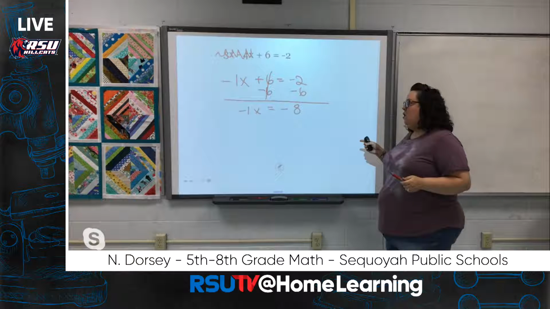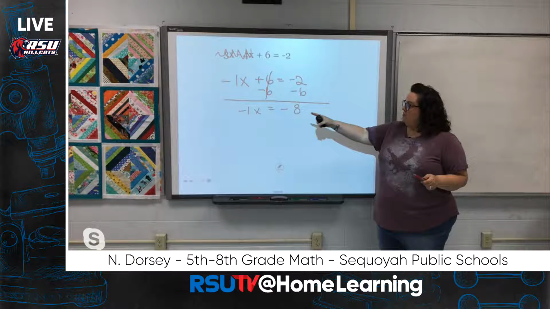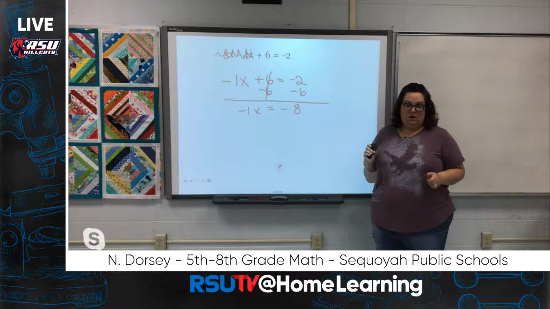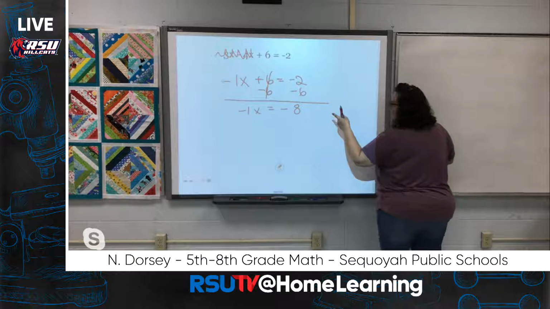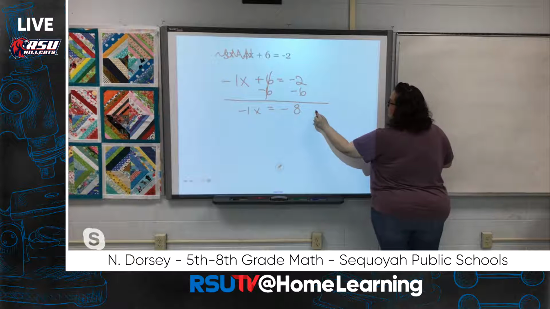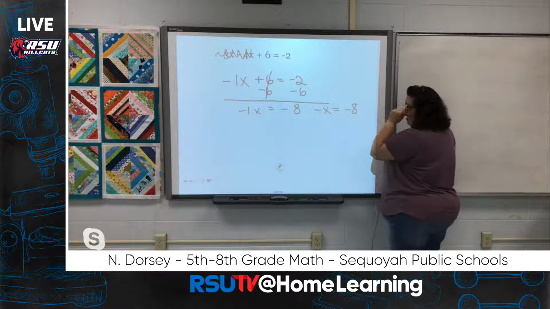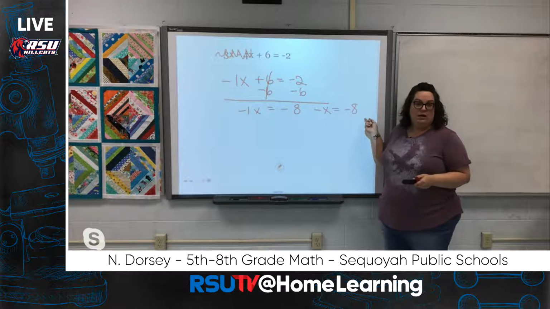So now we're at the very last step. This says -1x equals -8. There's 2 different ways that we could have done this. If I didn't put the -1 in front, then it would just look like this. And generally, this is how you're going to see it written out.